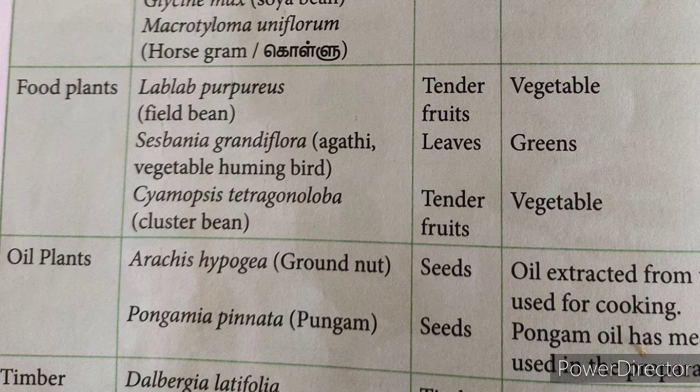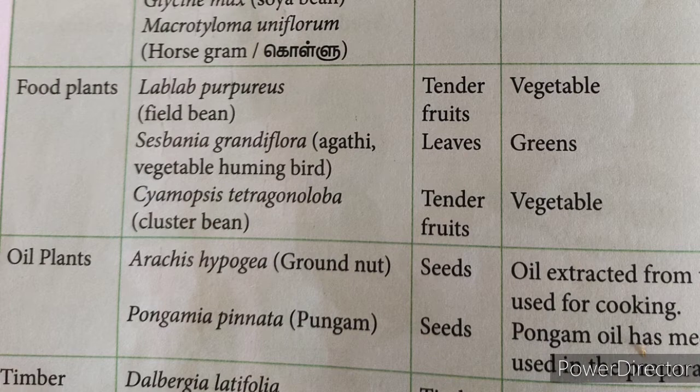Next, this family provides oil plants, such as Arachis hypogaea, groundnut, and Pongamia pinnata, the pungamaram that we call.